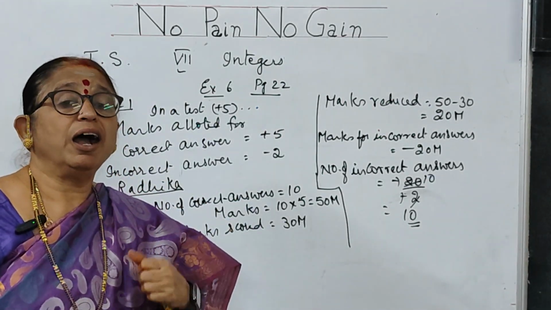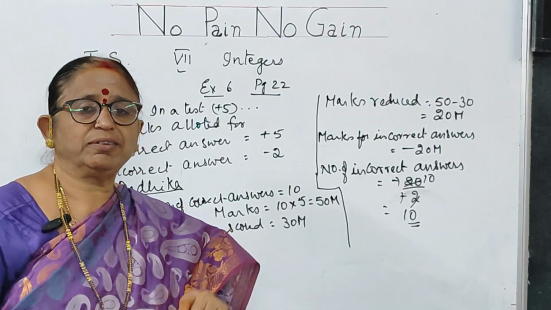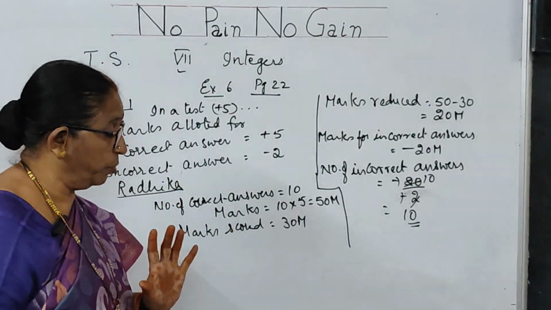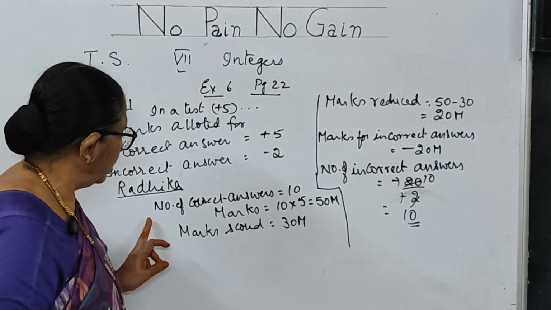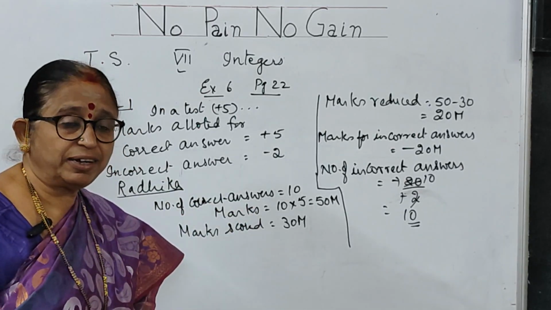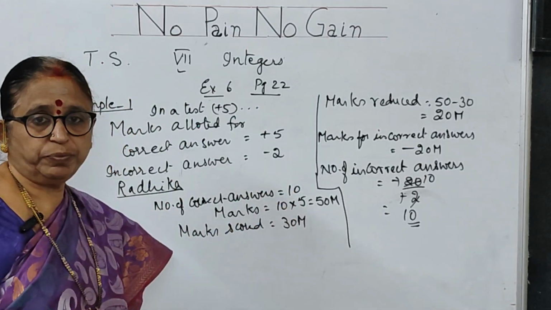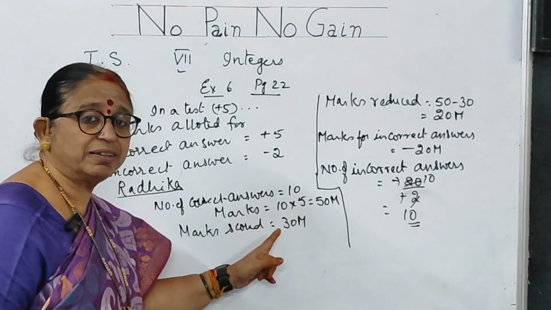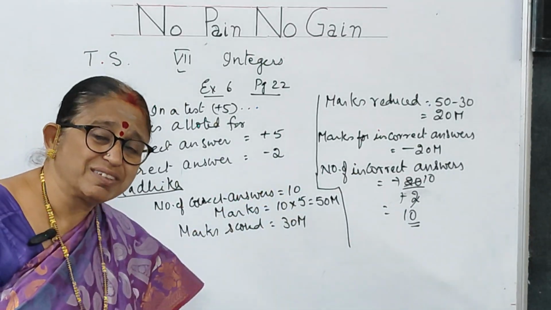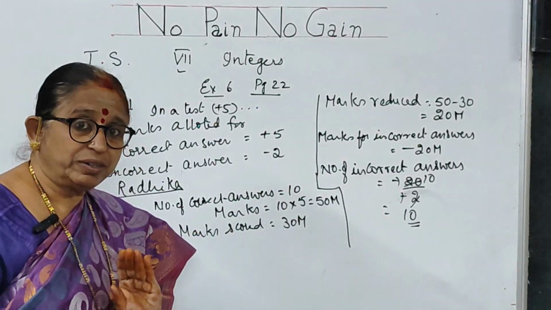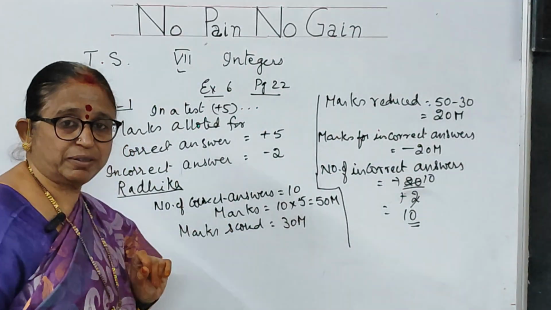The question is, how many wrong answers she has answered? So, let us do this problem. When we have done this problem, what I have done, first I have written number of correct answers. How many she got number of correct answers? 10. For each correct answer, 5 marks are allotted. So 10 correct answers means 10 5s are 50 marks she is supposed to get. But did she get 50 marks? No, she has got only 30 marks.